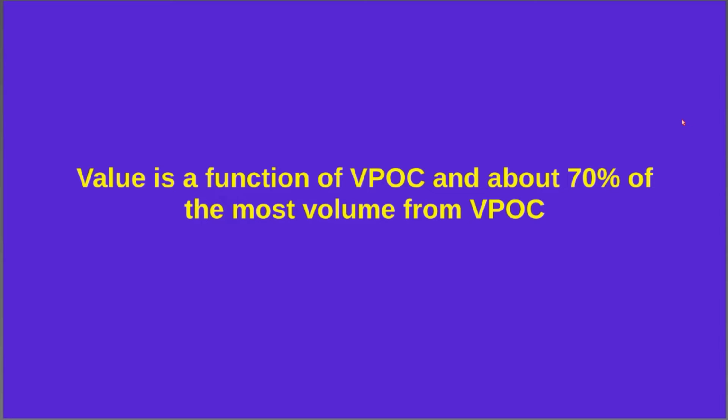That becomes value. And the thought behind value, just so you understand, and this is way old school, is that in a total range of a market over a specific period of time, if 70% of all transactions happen in this range, then the market considers that the value of that range for that time.